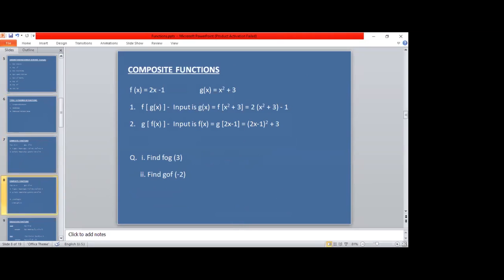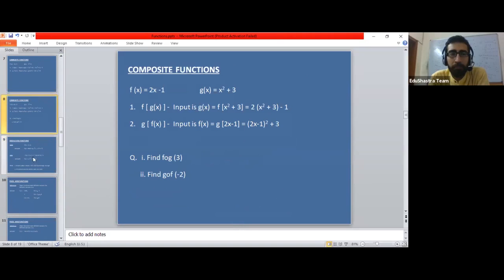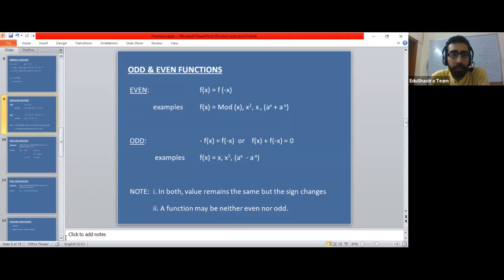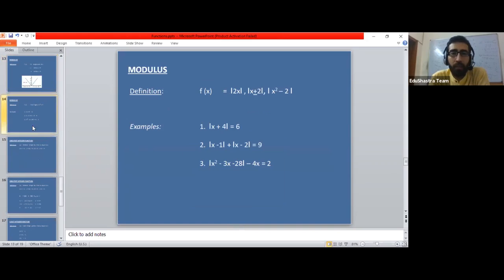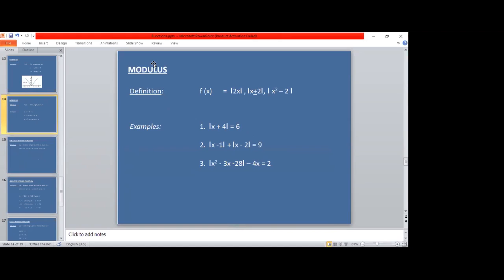Then let's move ahead, we were at modulus function. Let me just quickly plug my charger. One second, guys, I'll be back in.